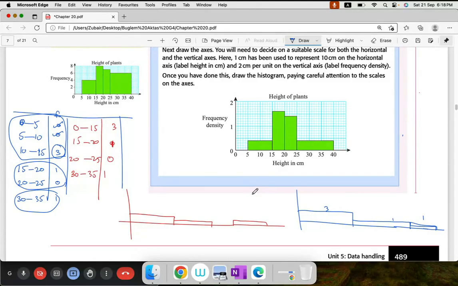So we would find the number of students by multiplying frequency density with class width. Frequency density is equal to frequency divided by class width.